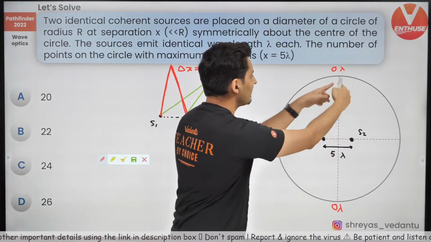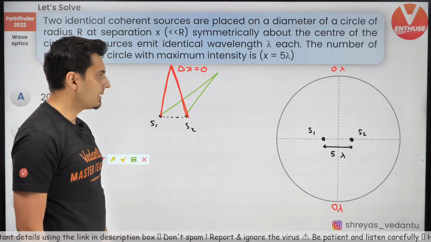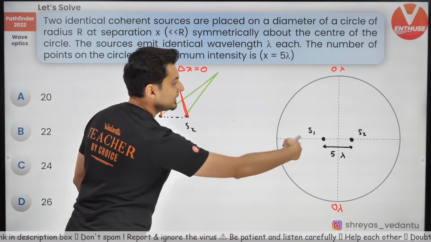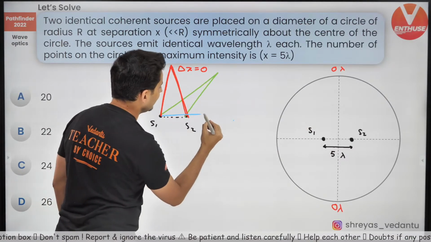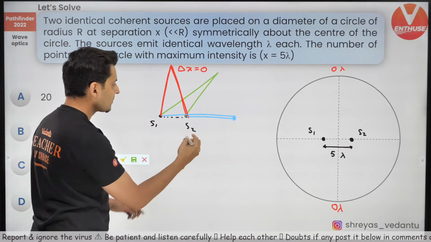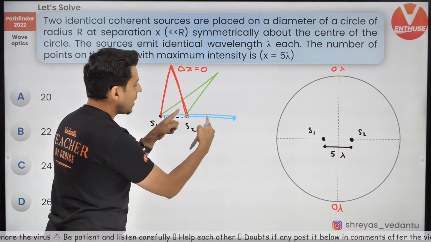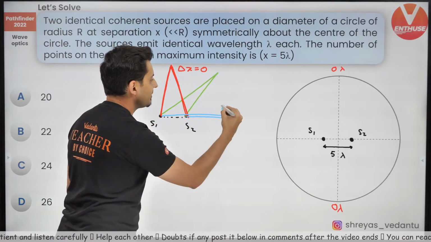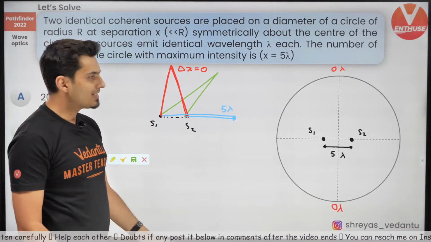Because both the waves will reach simultaneously. But if I am here on that line, this wave will travel this much distance, this wave will only travel this much distance. Do you see the difference of the path is exactly this much, which is nothing but 5 lambda? Exactly 5 lambda.